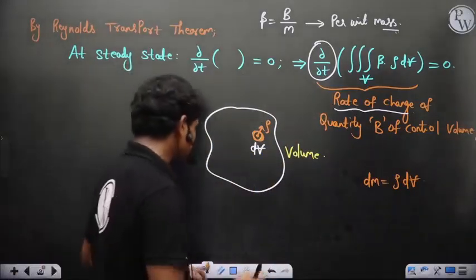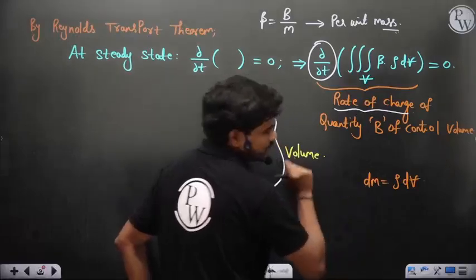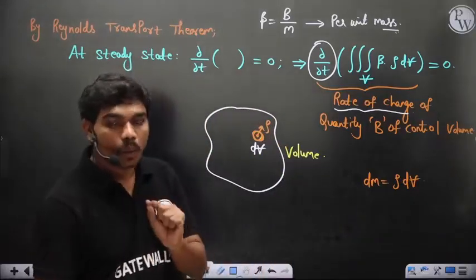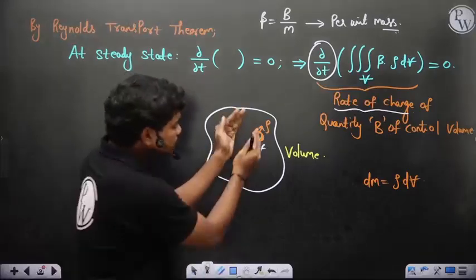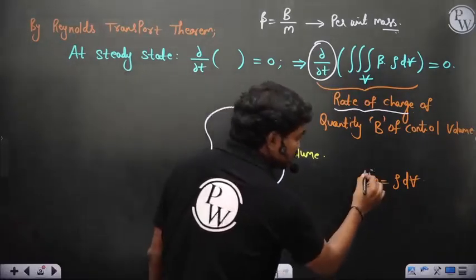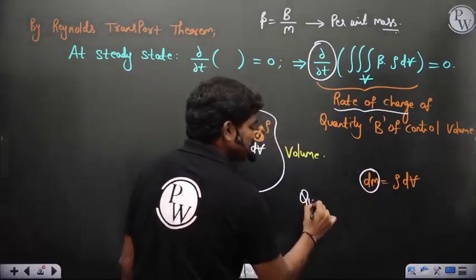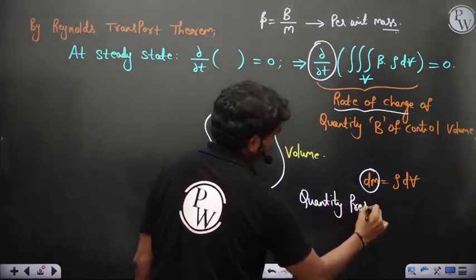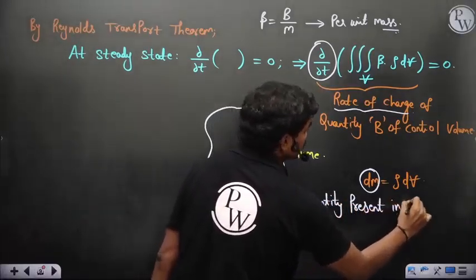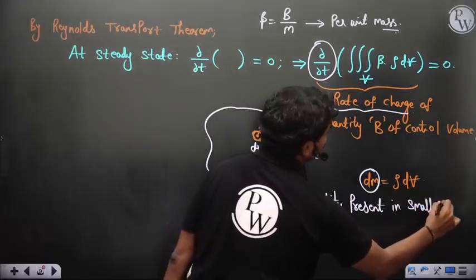Now let's see, if this is dm, then what is the value of quantity B in this small space?